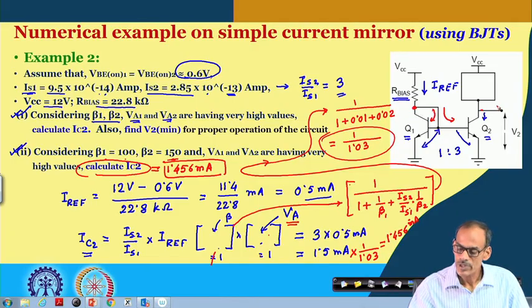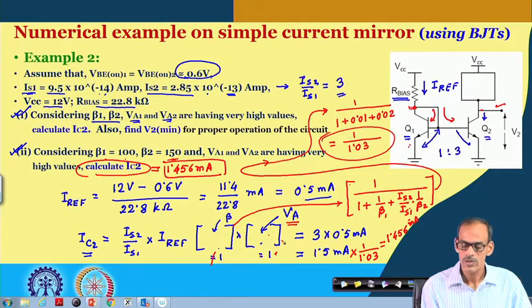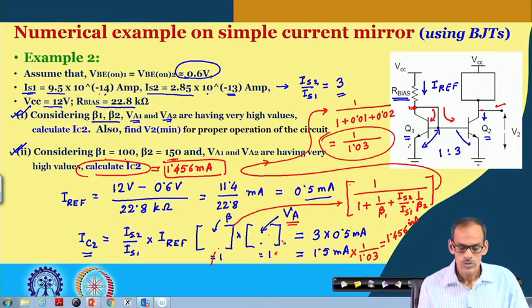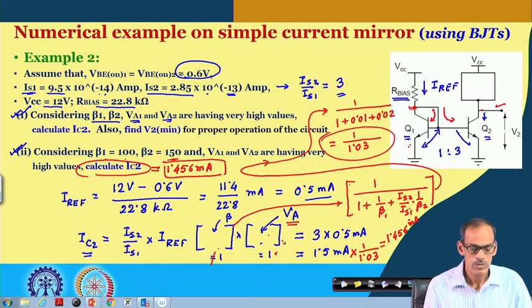So, if this voltage is higher than the VCE of transistor 1, in that case this second non-ideality factor may be higher than 1. So, to consider that, let me go for the third part of this example.